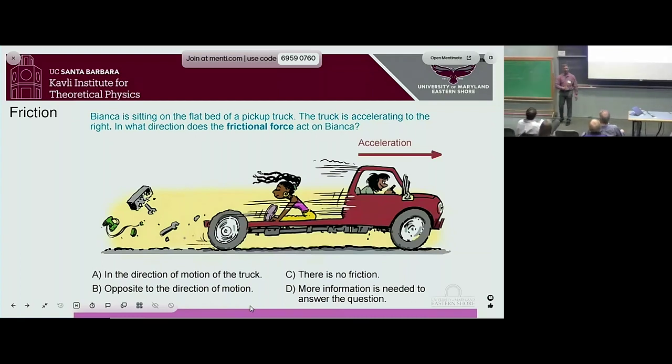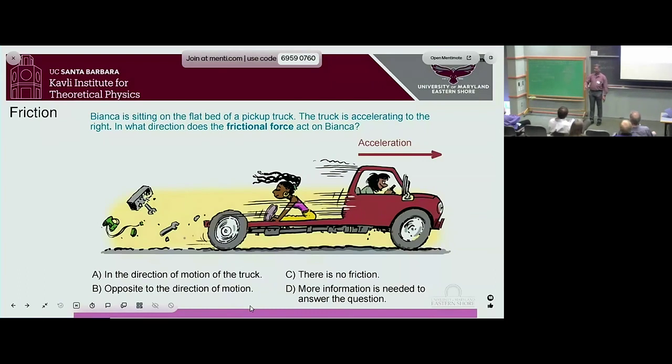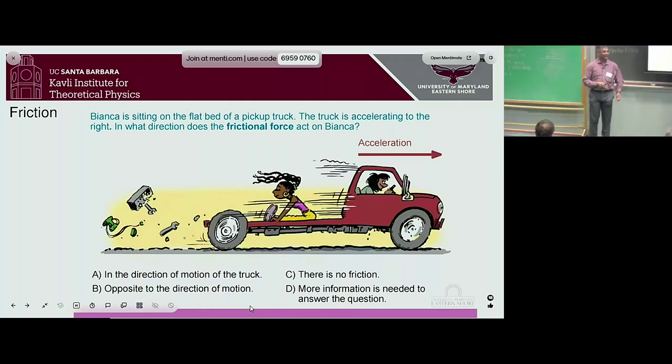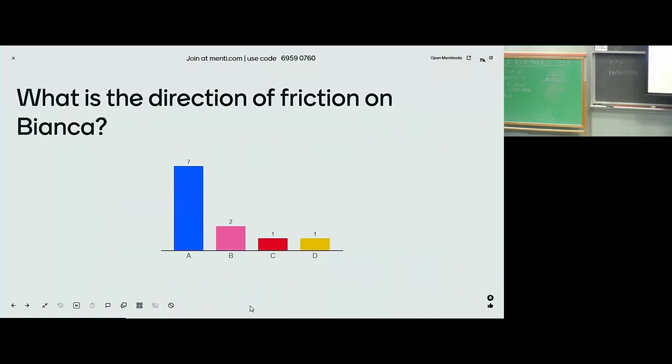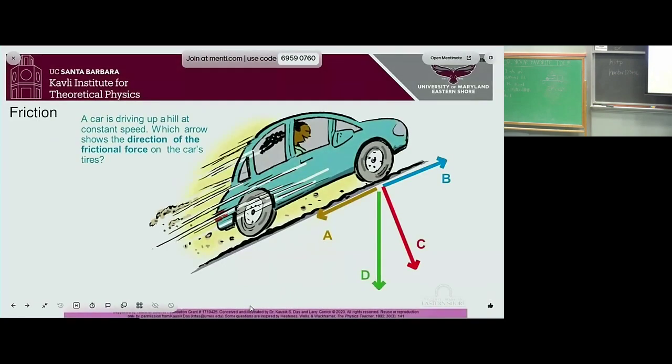Then ask them, what if this truck bed is made very slippery? The moment the truck starts to accelerate, that's the direction of the potential motion. So friction is opposing that potential motion, so it has to be in the forward direction, right? So friction is a great way to teach the students.